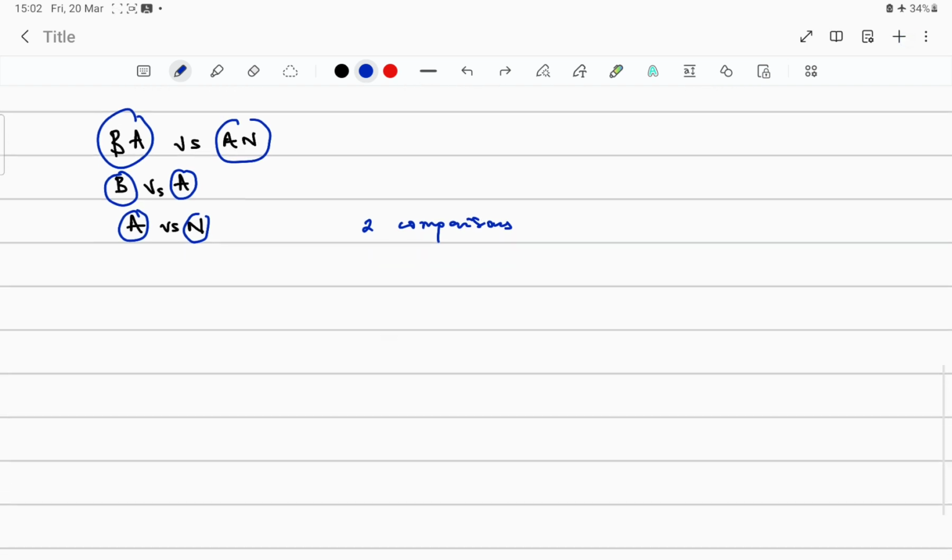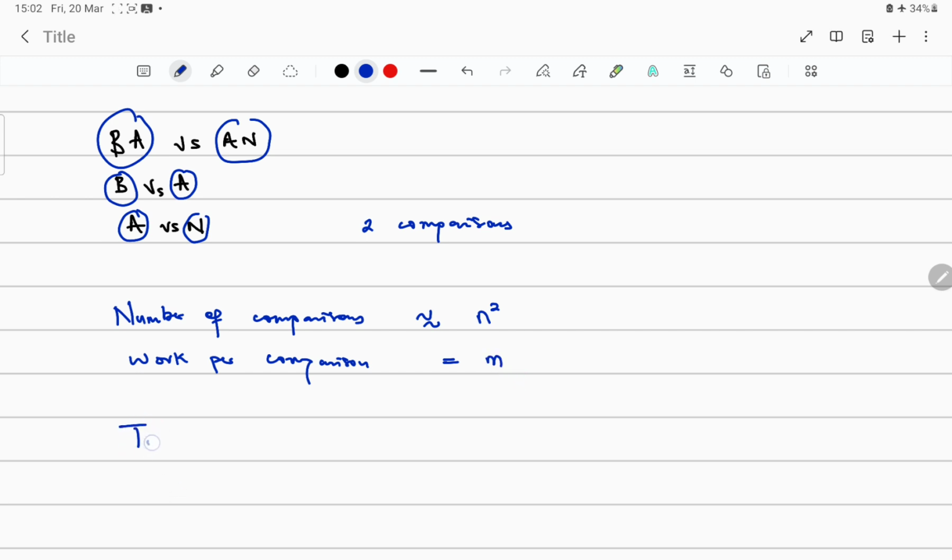So if you are to generalize, the number of comparisons is approximately n squared, and the work per comparison is equal to m.